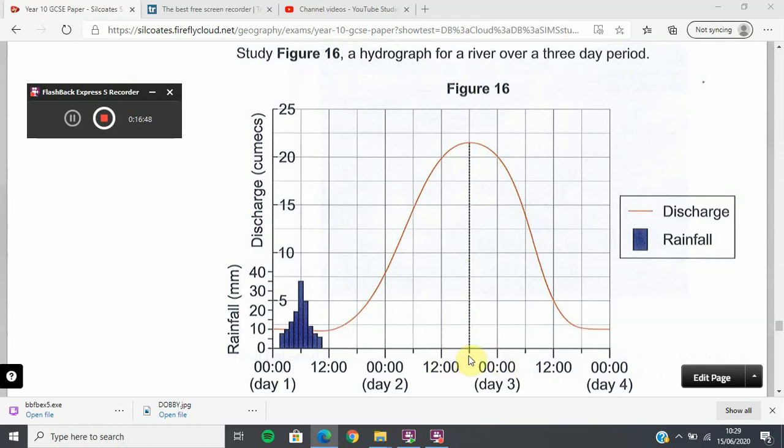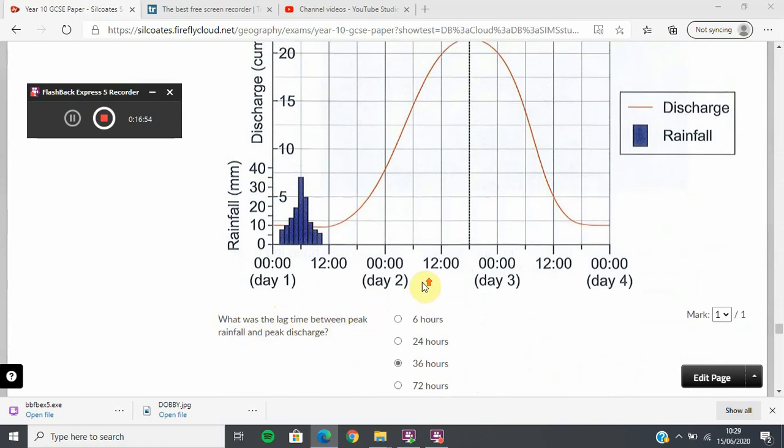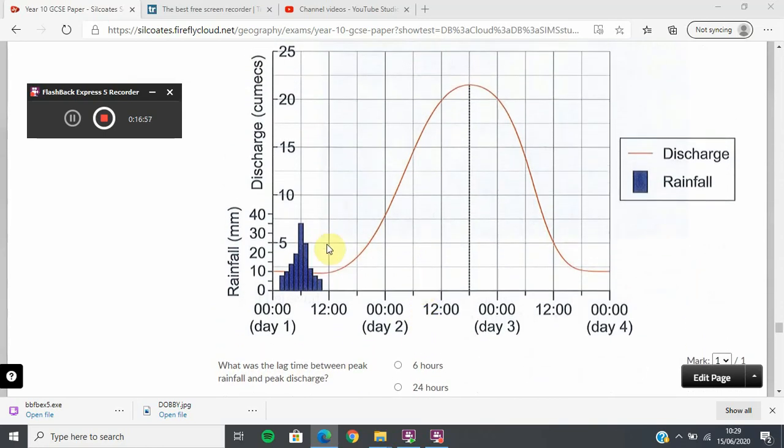So the question asks us, what was the lag time between the peak rainfall and peak discharge? Let's have a look. We start there at 6 a.m. That's when the peak rainfall occurs because it's the highest point. And we've got to go across to here where the peak discharge is to get our lag time. Each of these boxes is 6 hours. So we go from 6 a.m. to 12 p.m., that's 6 hours.